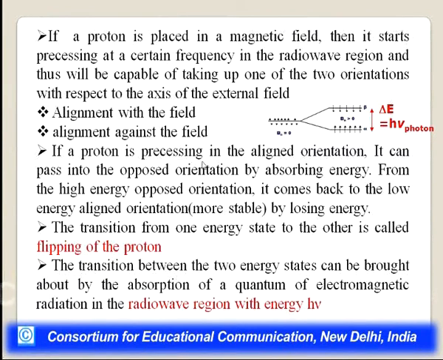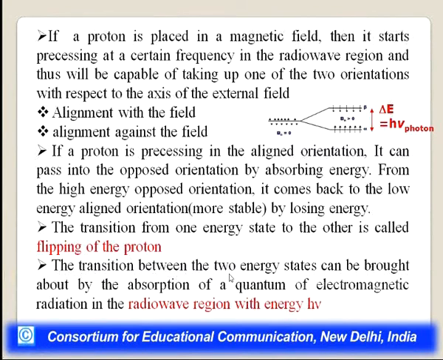If a proton is precessing in the aligned orientation, it can pass on to the opposed orientation by absorbing energy, and from the higher energy opposed orientation, it again comes back to the lower energy, becoming more stable by losing energy. The transition from one energy state to the other, from the aligned orientation to the opposed orientation, is called flipping of the proton.